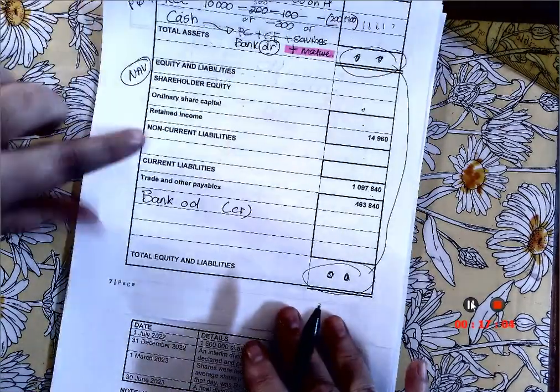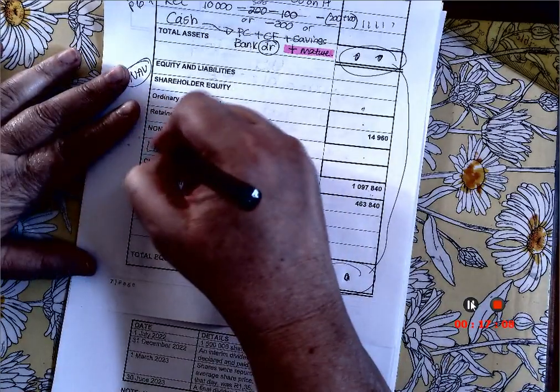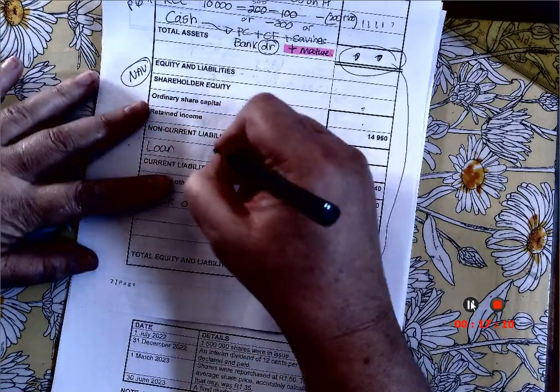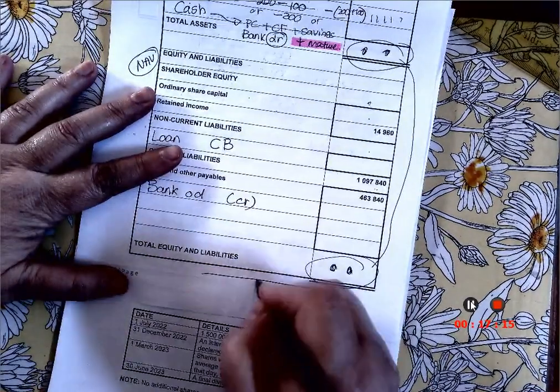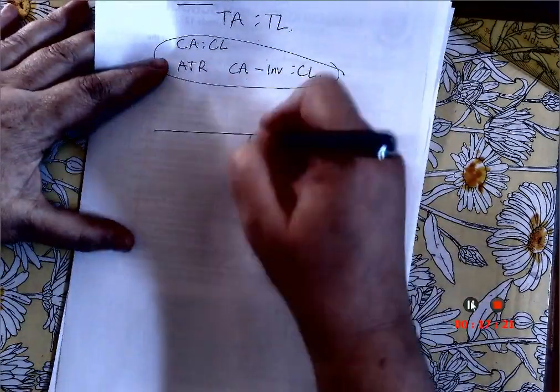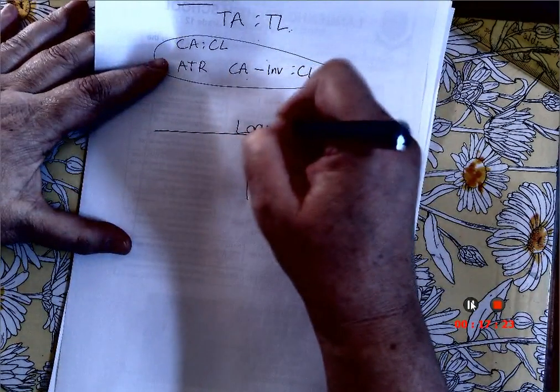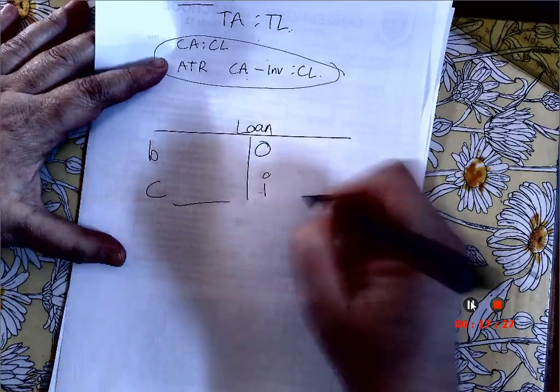So let's go to loan. With the loan, get into the habit of always getting the closing balance. If I have my T account for loan, let me explain this again. My T account for loan has an opening, a closing, a bank, and an interest.